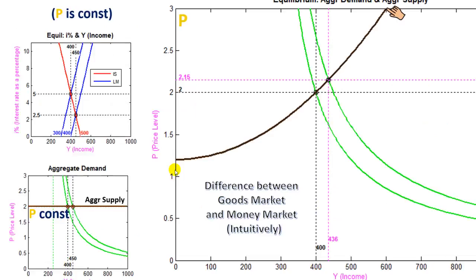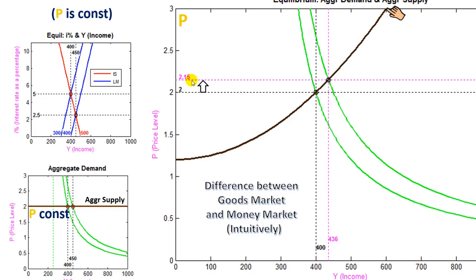But if the aggregate supply has this shape, then the equilibrium passes from here to here, and therefore the increase in income is smaller. Here is 450 and here is 436, because it's not this point, it's this point. And price level goes from 2 to 2.15.